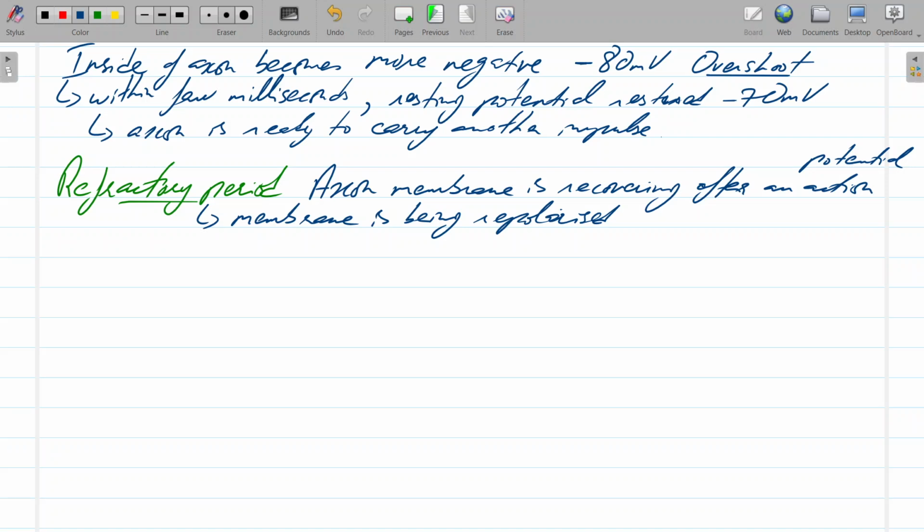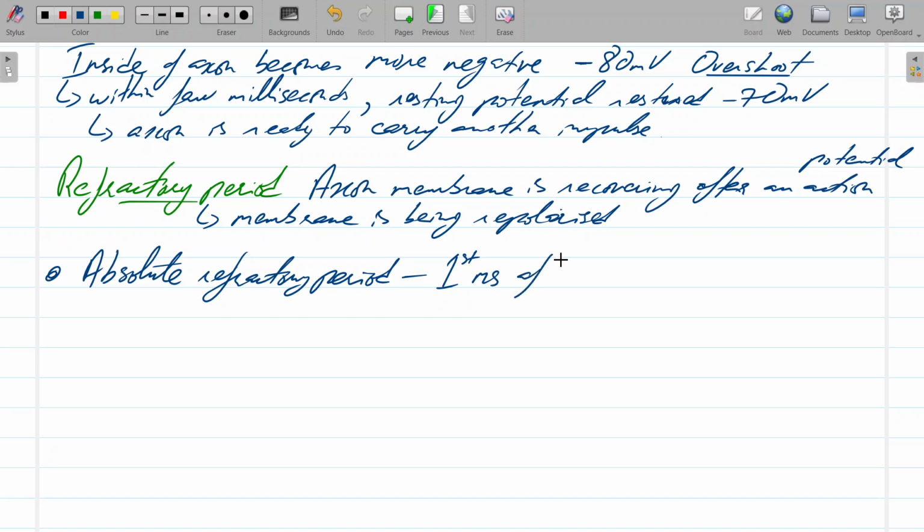So, the very first millisecond after the action potential, the axon cannot be stimulated at all. And the sodium ion channels are completely blocked. So even if a stimulus is coming in, it's not going to have any effect. And that is called the absolute refractory period. So this is about the first millisecond after the action potential.